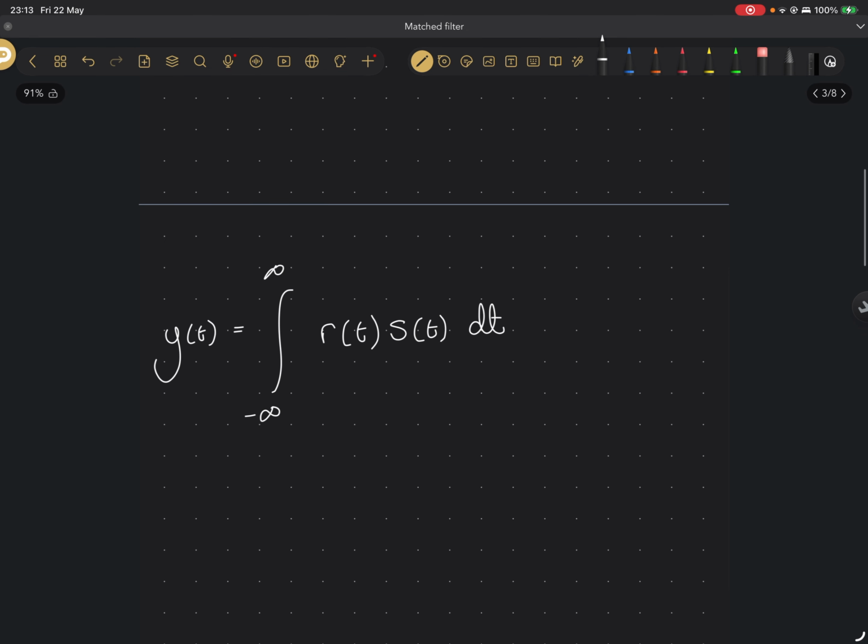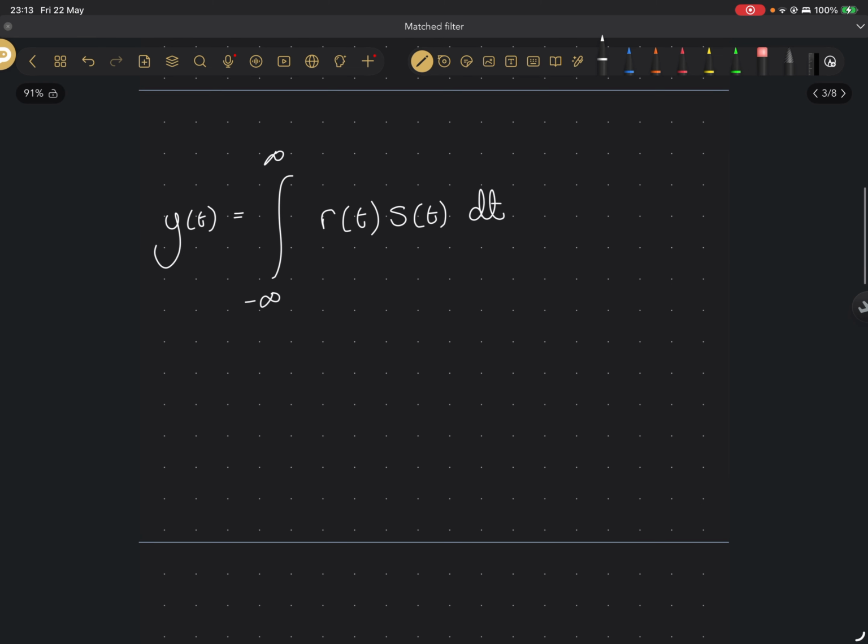So signals are often represented as voltages or currents. So for this received signal, it's either a voltage or a current. And for this waveform that we're trying to detect, S of t, it's also either a voltage or a current. And so when you have the two of them multiplied, whether it's voltage squared or voltage times current, you get something that is proportional to power, right?